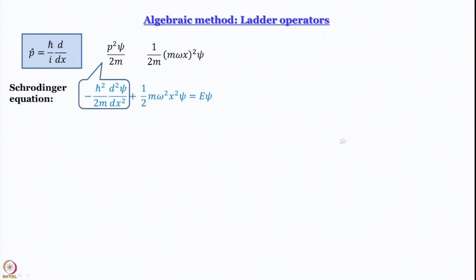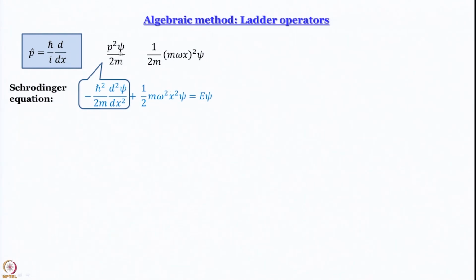So, the way we got to the ladder operators is that we wrote the Schrodinger equation, and remembering the operator for linear momentum, h cross by i d/dx, we plugged it in and we wrote the kinetic energy term as p square psi by 2m. Remember, we are not writing the hat here, but p is really an operator, the momentum operator, it is not a number.